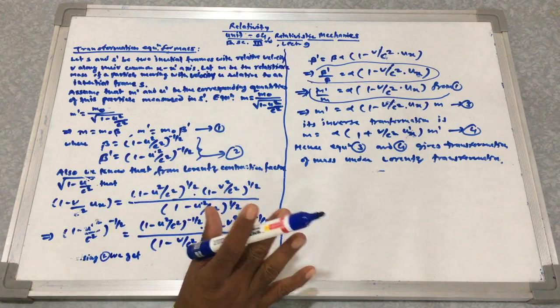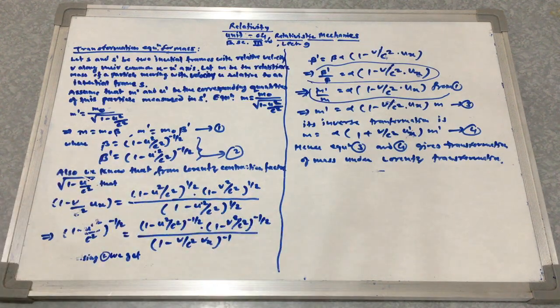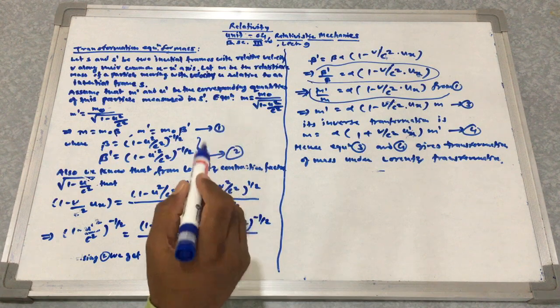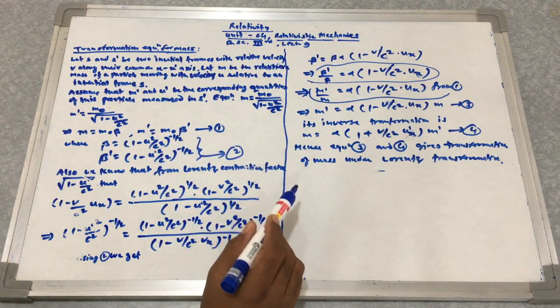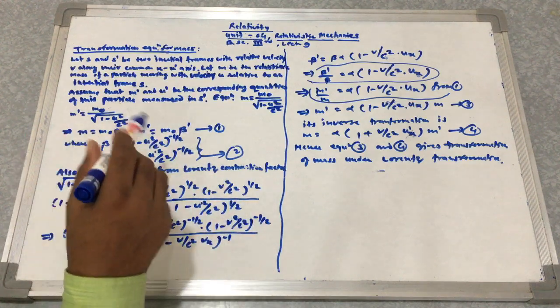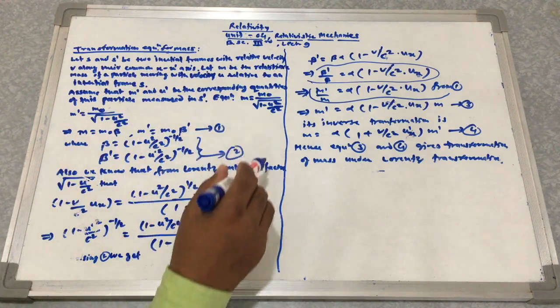We have two systems S and S dash, the two inertial frames with the relative velocity v along their common x and x dash axis.